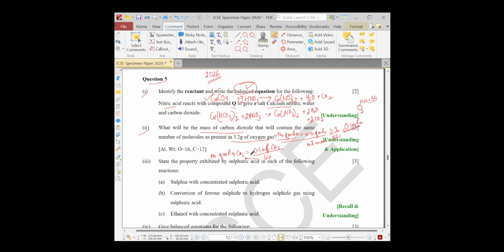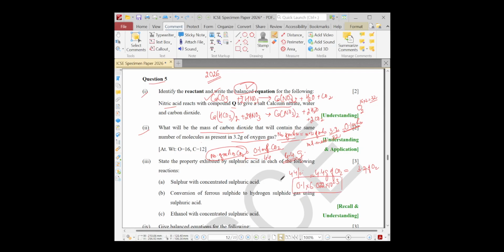So the mass will be 0.1 into 44, which is 4.4 grams. Is this clear? So 4.4 grams of carbon dioxide will contain the same number of molecules as 3.2 grams of oxygen. And how much will they contain? This will be 0.1 into 6.022 into 10 raised to power 23.